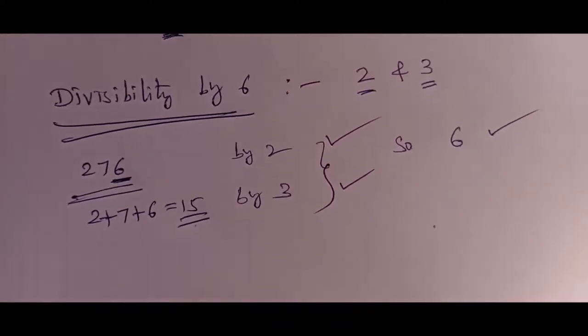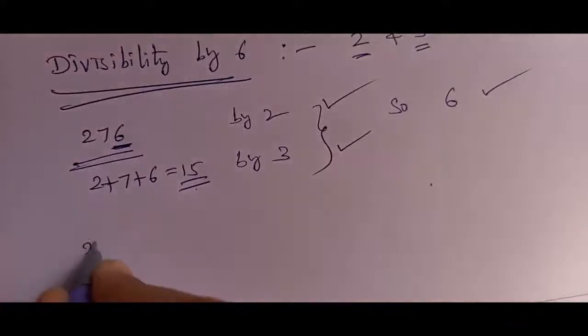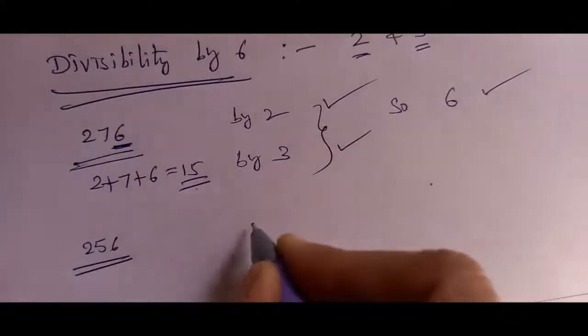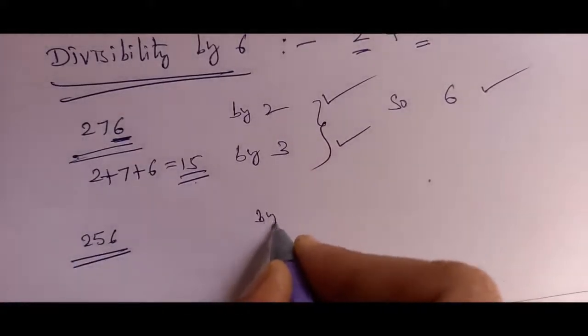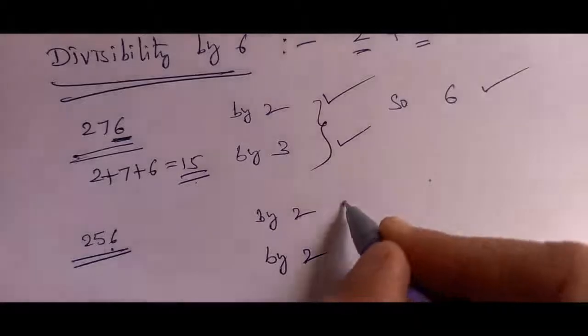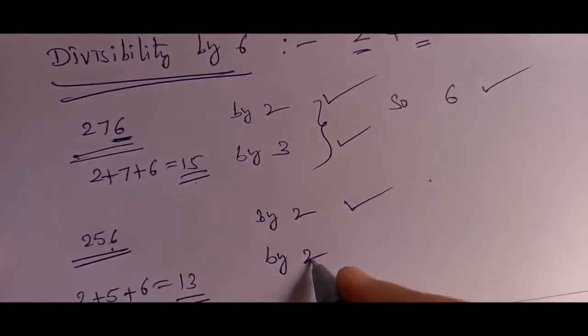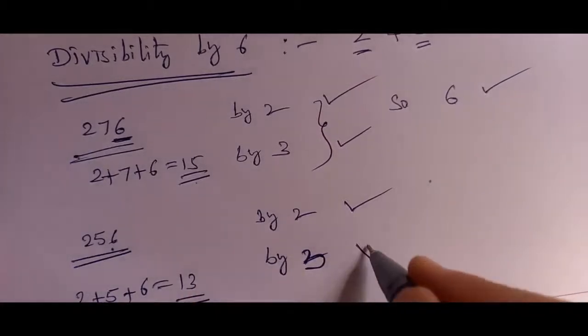Let's take one more example. For example, 256. We need to check two conditions, by 2 and by 3 also. In units place 6 is there, so it is divisible by 2. But sum of digits: 2 plus 5, 7 plus 6 is 13. 13 is not divisible by 3.